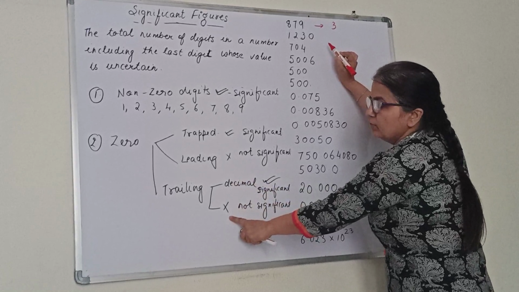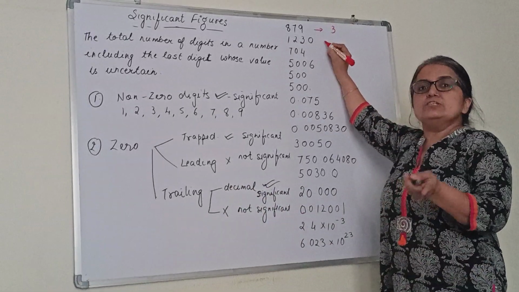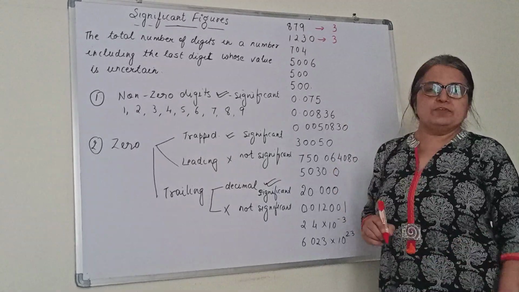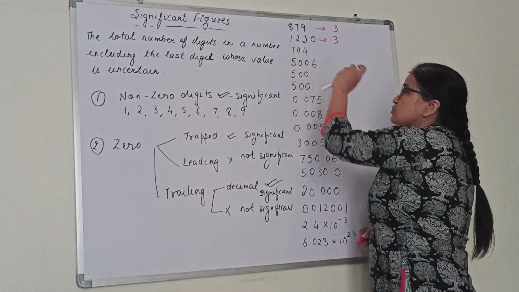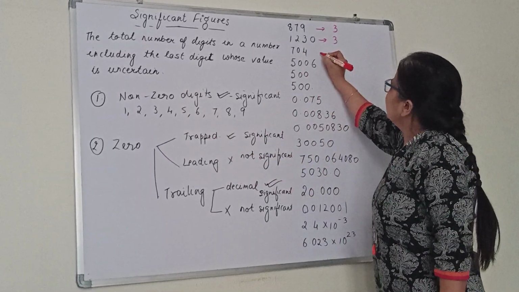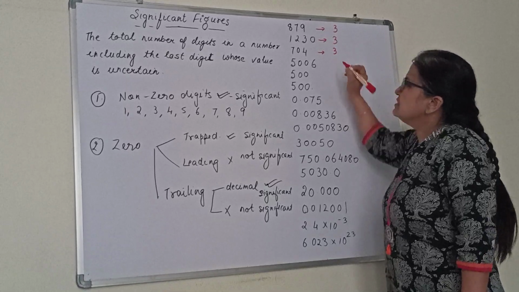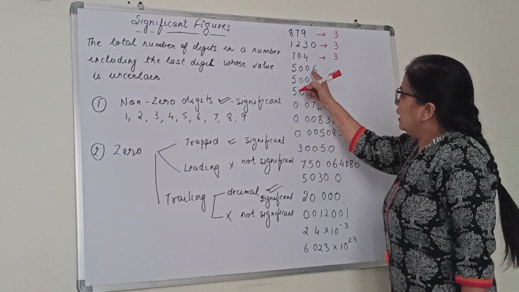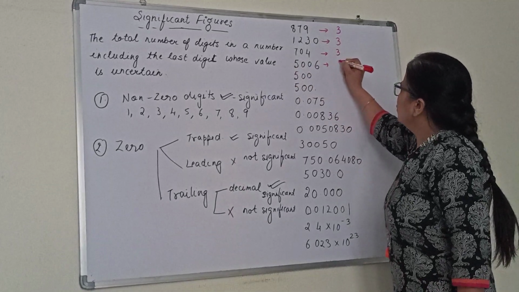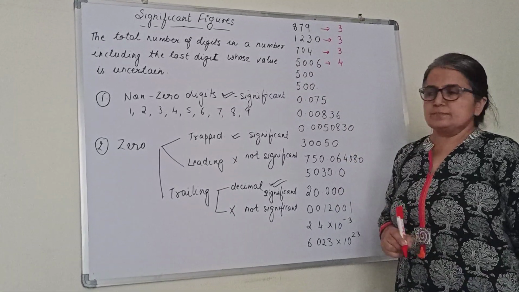No decimal, which means it is not significant. So the second one has 3 significant figures. Next one, it's a trapped 0. This category, it will be included. There are 3 significant figures. Again, there are trapped zeros, including non-zeros again, you will have 4 significant figures.